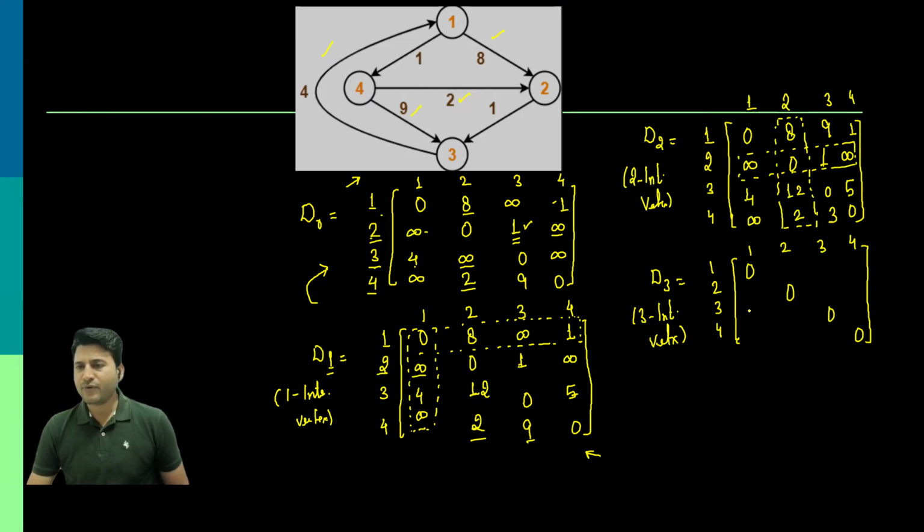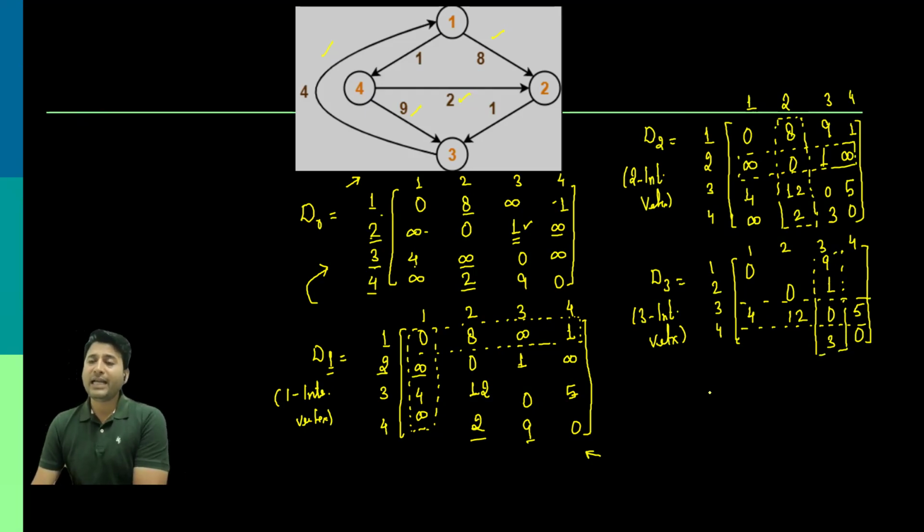We are writing the third entries: this is 4, this is 12, and this is 5. And the third one over here is 9. It is 1. It is 0 and 3. So the third vertex is already included in the third row and third column, so we are supposed to write it directly.